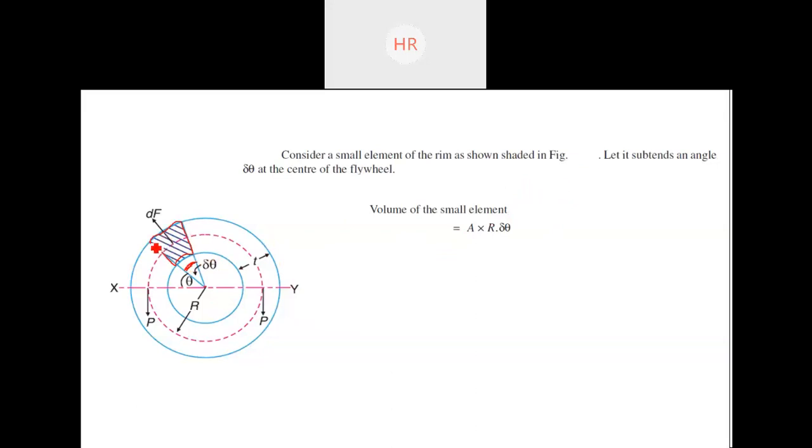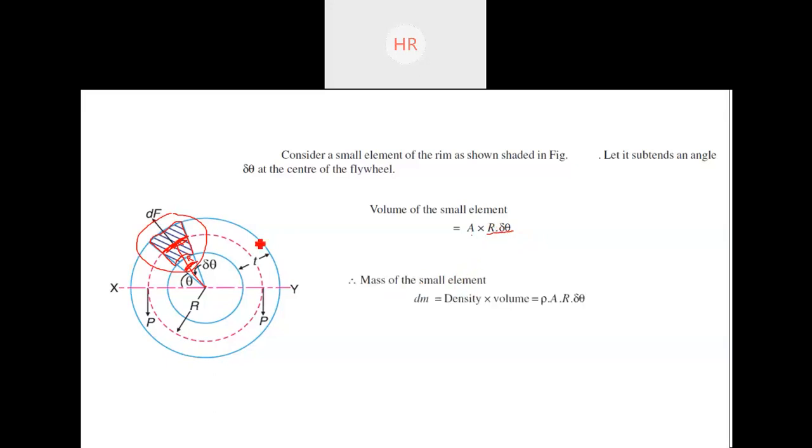Here area is the cross-sectional area of this element, and for length we will consider the mean radius. If you are given angle and radius, then the length of this arc is equal to R into delta theta, where R is the mean radius. So volume of this element is area into R delta theta.